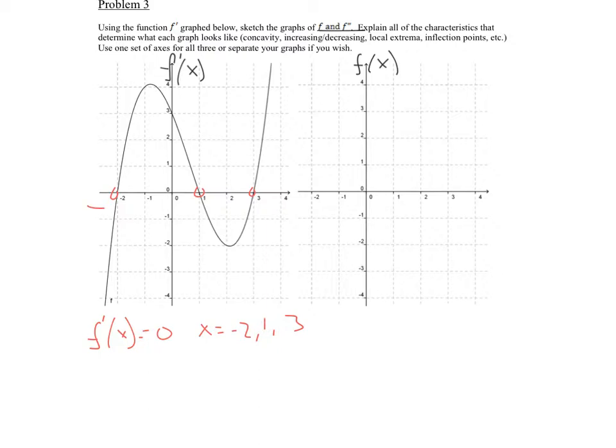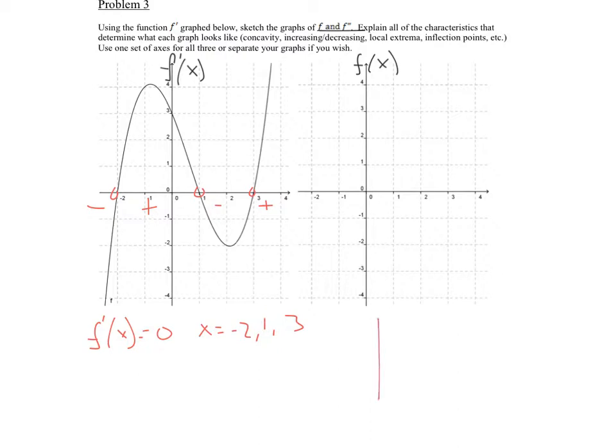On this interval right here, it is positive, the derivative is. And down here for this interval, from 1 to 3, we have a negative derivative. And for 3 to infinity, we've got a positive, okay? So that's the change in the derivative sign. The derivative is the slope of our function. And so since the slope is changing, these are minimums and maximums, all right?